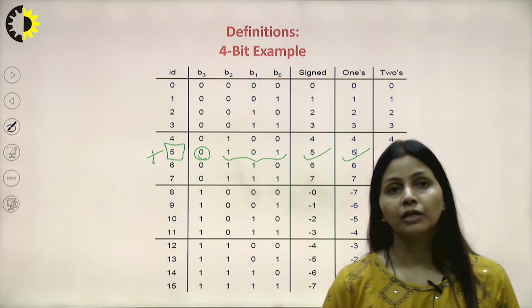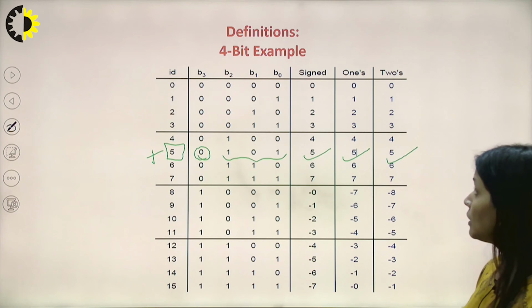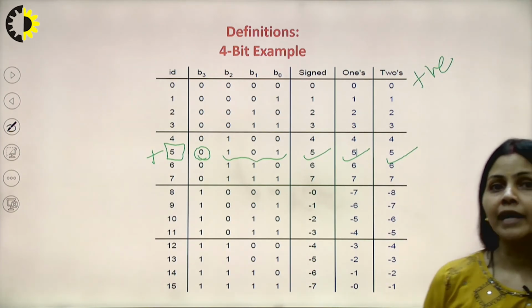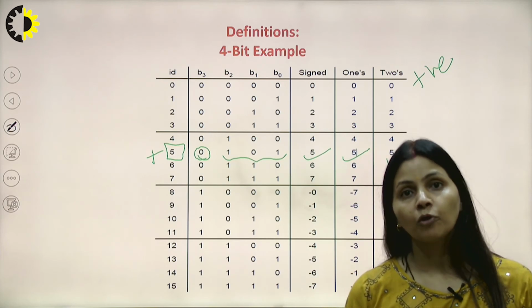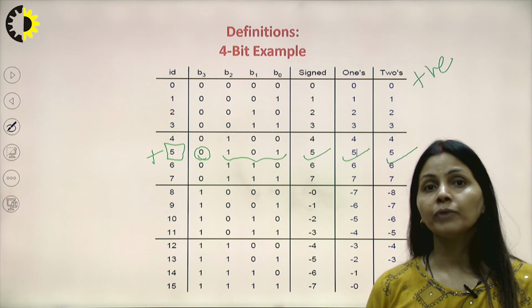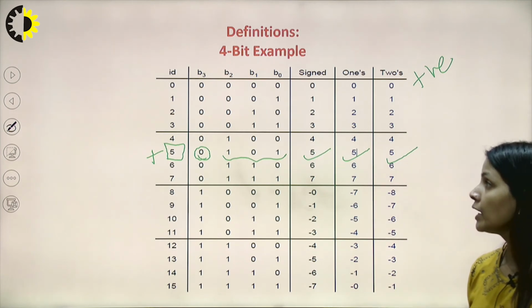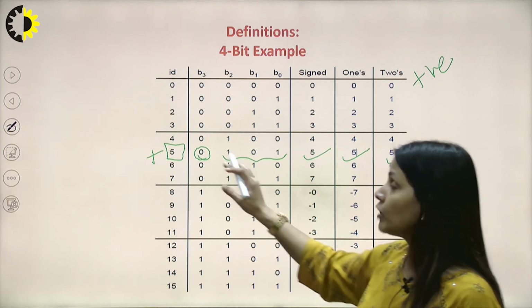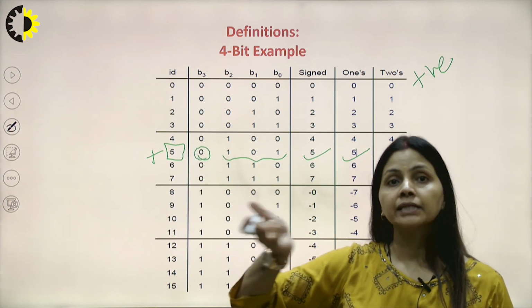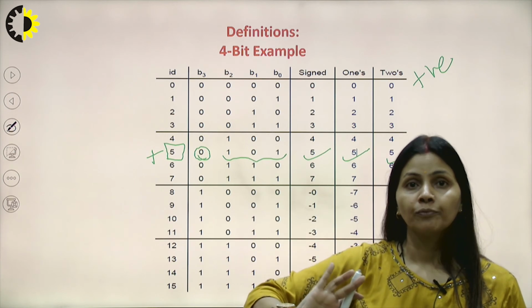How is this going? If the number is positive, I will write the binary in its original, accurate form, and the 1's complement and 2's complement are always the same as the sign magnitude form.